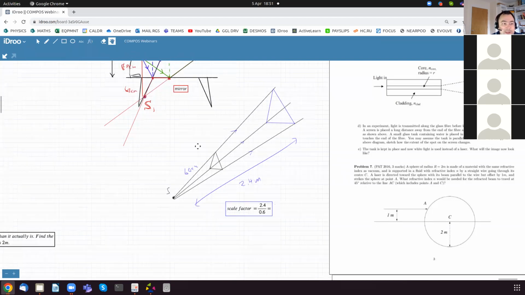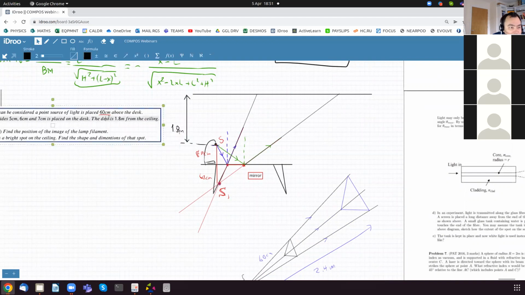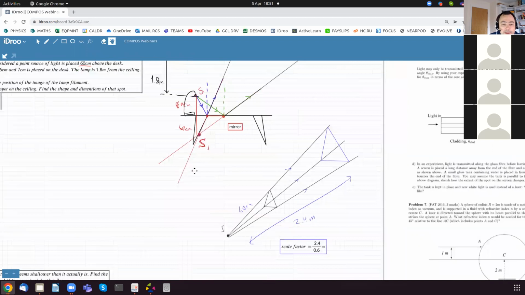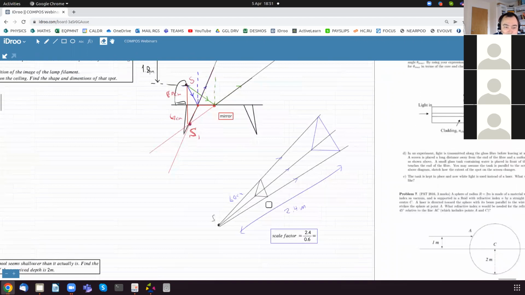Okay, sorry. The lamp is 1.8 meters, not the table. Sorry about that. That was wrong with the question. So the lamp is 1.8 meters from the ceiling. Okay, so then this distance is not 2.4 meters, but it's 3 meters. That makes more sense.